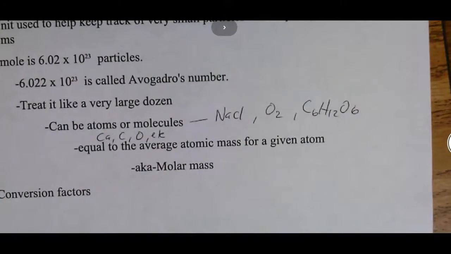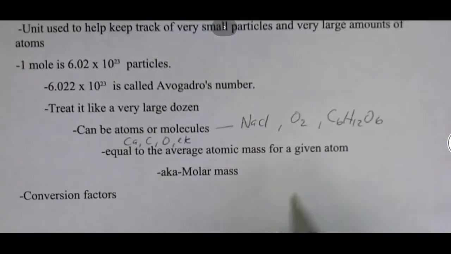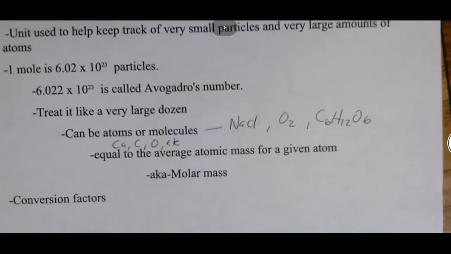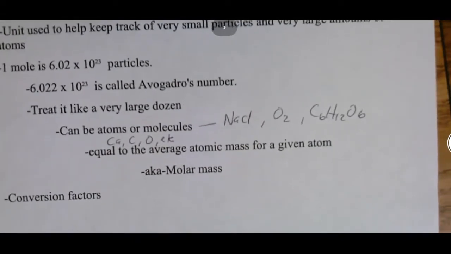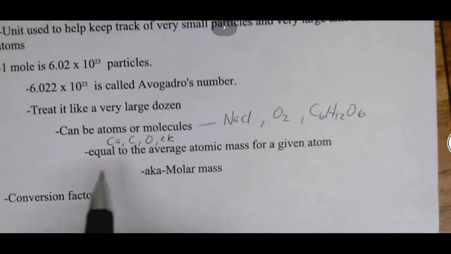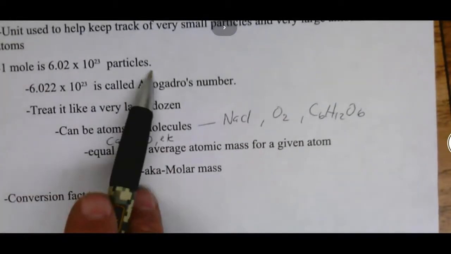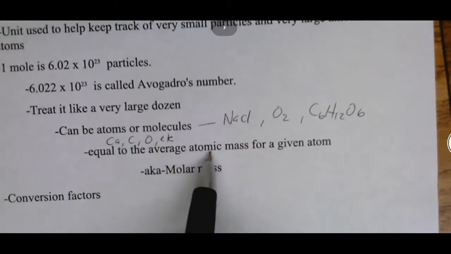And when we think of molecules, and even with atoms as well, this mole has some conversion factors that are pretty useful. One of them is that not only is a mole equal to this many particles, it's also equal to the average atomic mass for any given element.